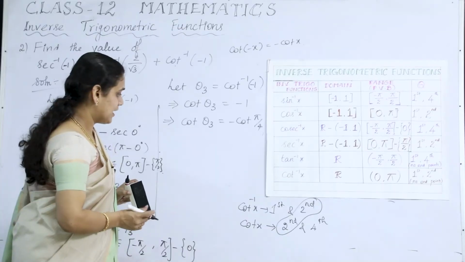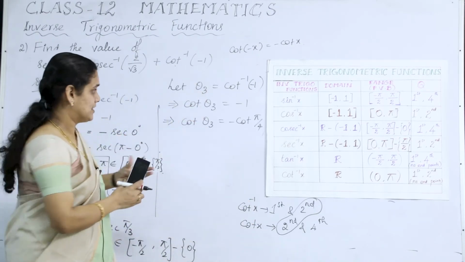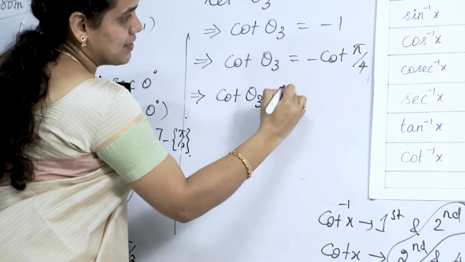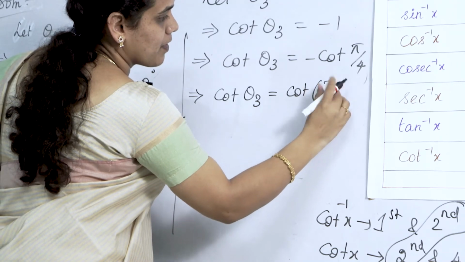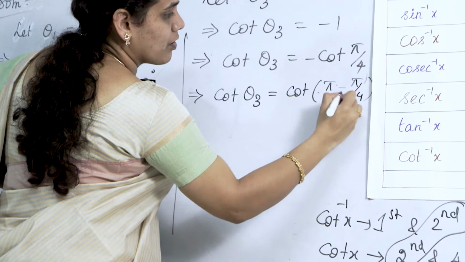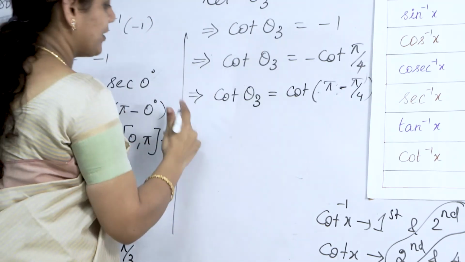So our answer lies in the second quadrant. So here again we are going to take pi minus x. Therefore cot theta 3 is equal to cot of pi minus pi by 4. Cot pi minus x is minus cot x, so we can take this one.